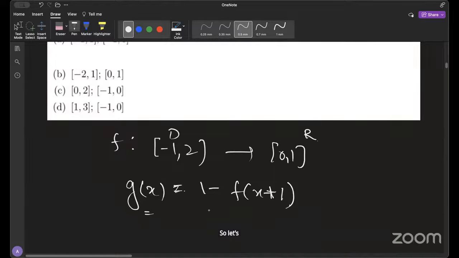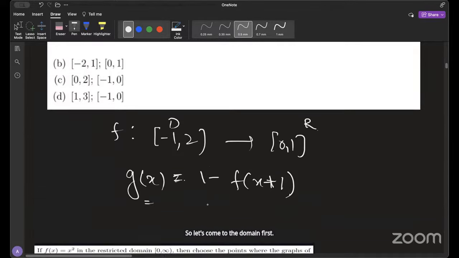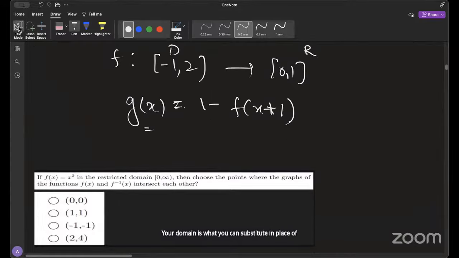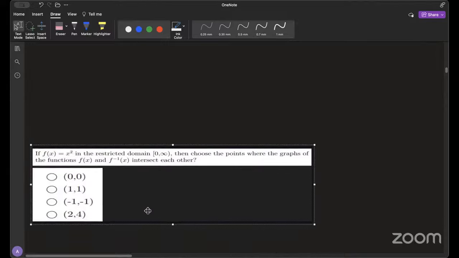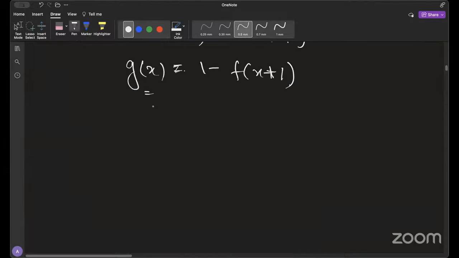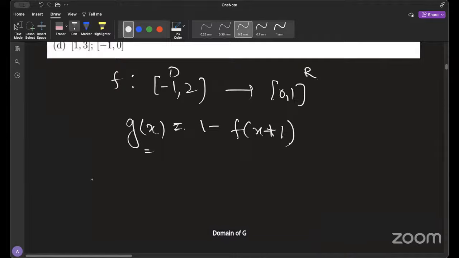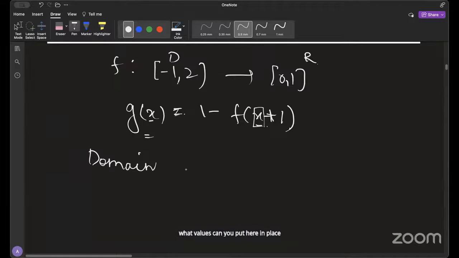So let's come to the domain first. The domain is what you can substitute in place of x. The domain of g is basically what values you can put here in place of x.